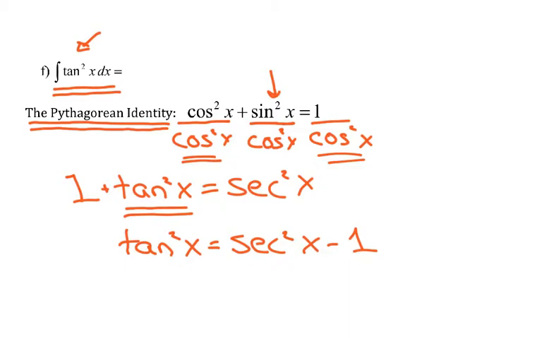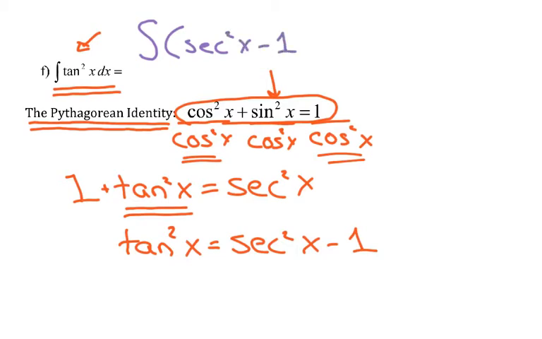So some people might think you have to memorize this. I don't memorize it. I memorize the Pythagorean identity, and then I turn it into whatever I need. I needed something in terms of tangent squared x. So now I can rewrite my indefinite integral as secant squared x minus 1.